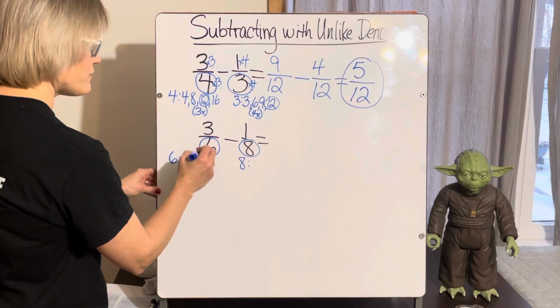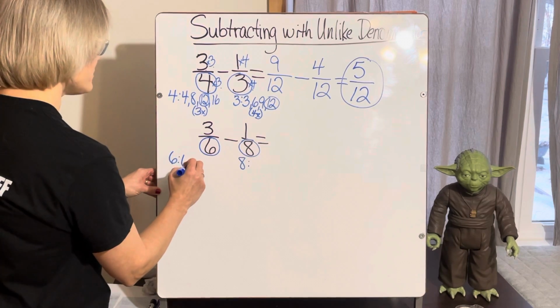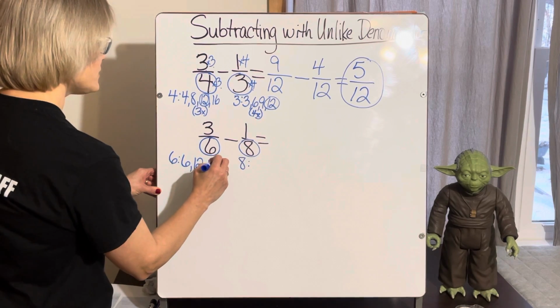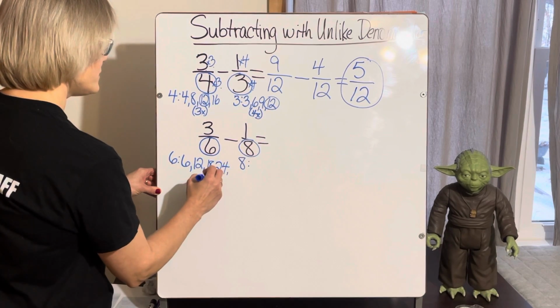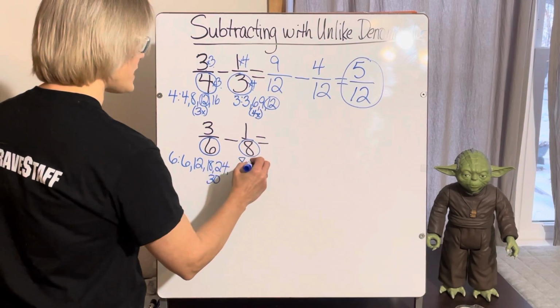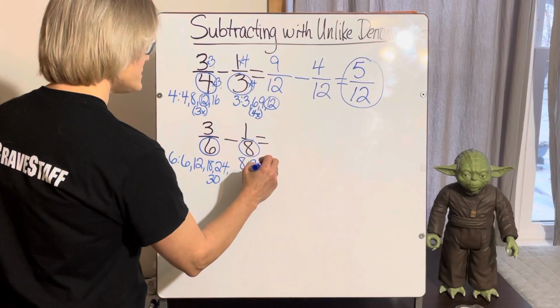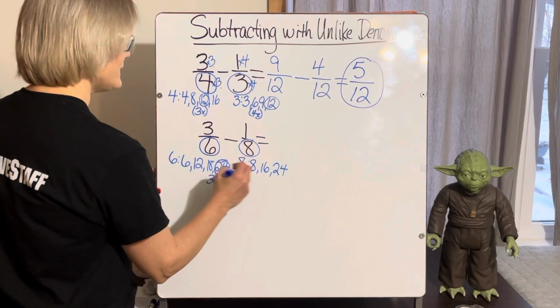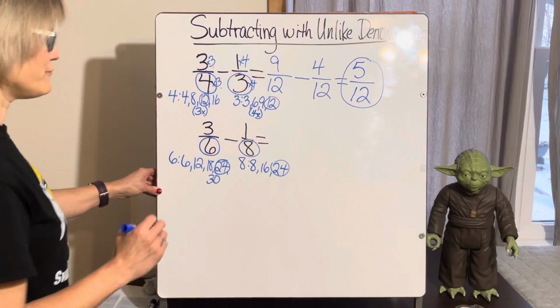So I've got my 6, so I'm going to count 6, 12, 18, 24, 30. I'm going to write out my multiples for 8: 8, 16, 24, aha. My common multiple is 24.